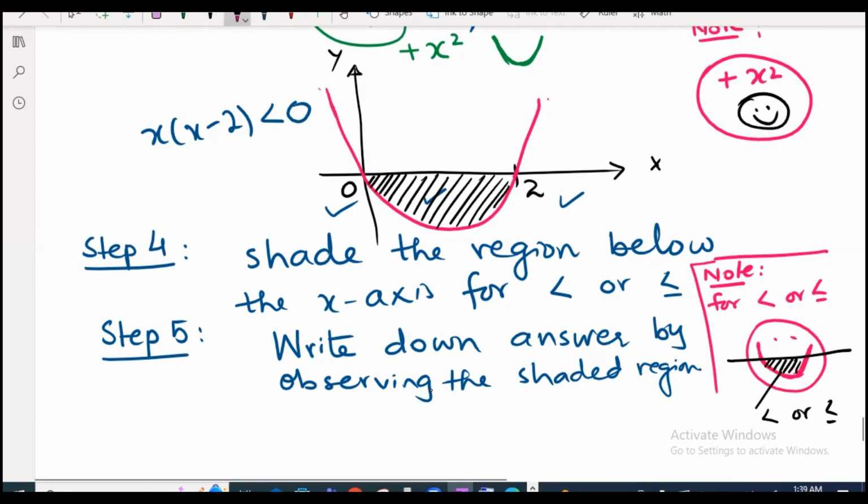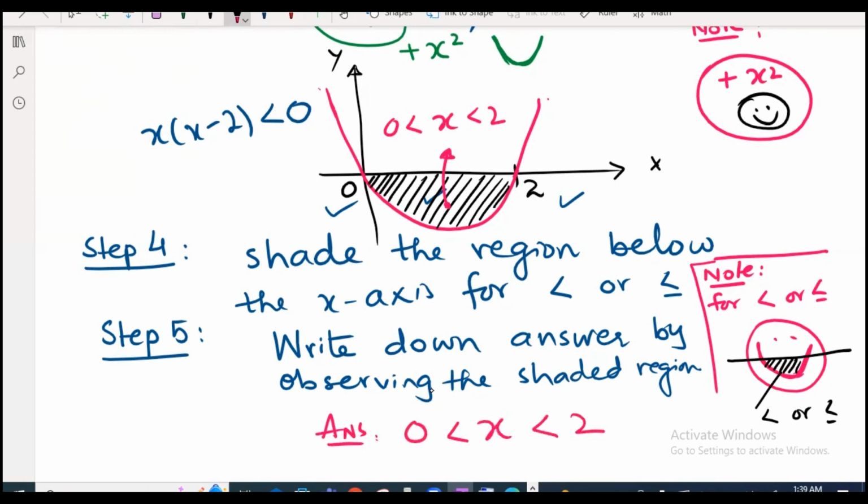So if you are observing, this region is in between 0 and 2, and you can write the inequality x in between 0 and 2. So this is your final answer. X in between 0 and 2.